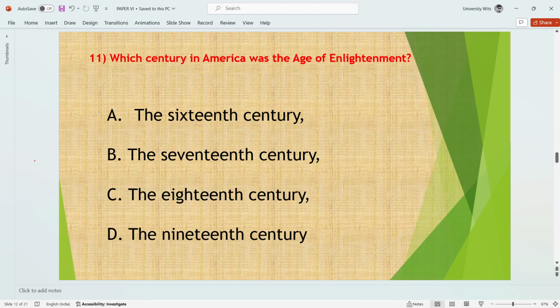So the correct option is the 18th century. Just to give you some description: the American Enlightenment was a period heavily influenced by the European Enlightenment of the 17th and 18th centuries.